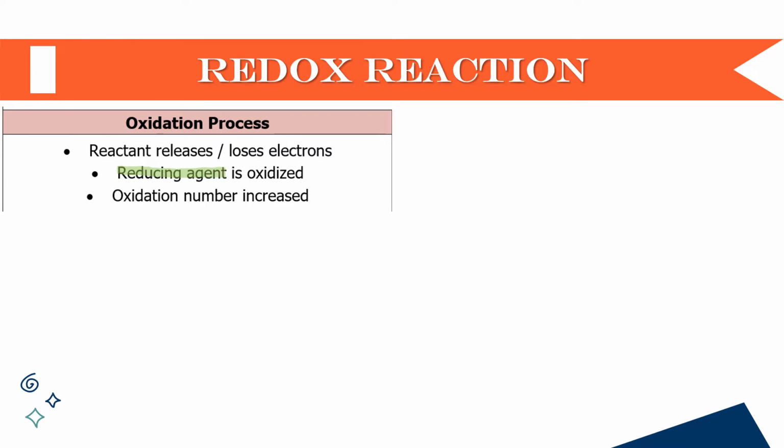Why is it reducing agent? Because it makes the other reactant reduce while itself being oxidized. And if an oxidation process occurs, the oxidation number of that particular compound will increase.